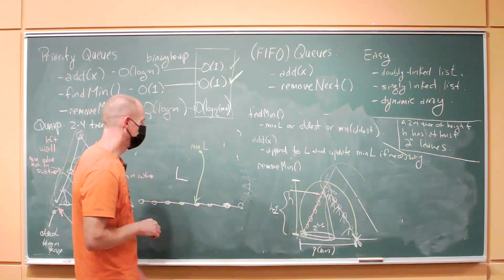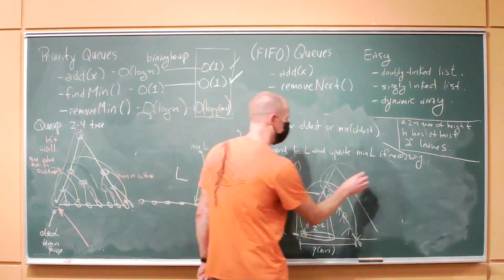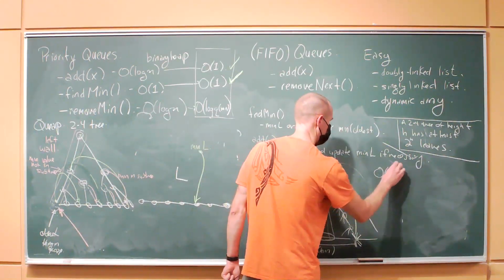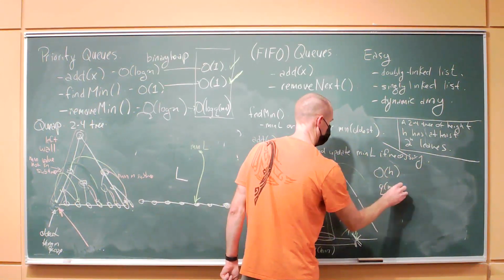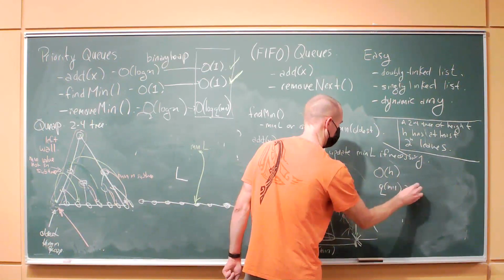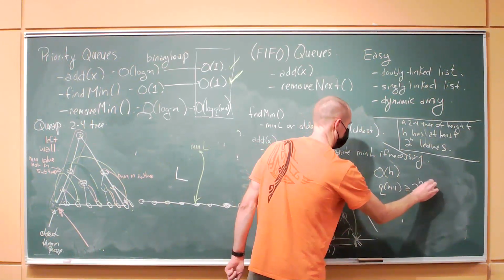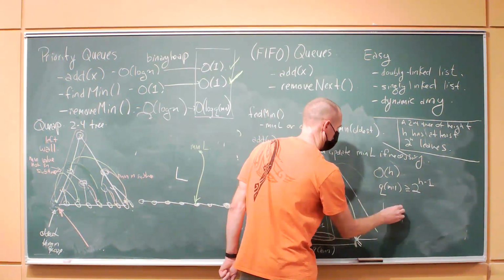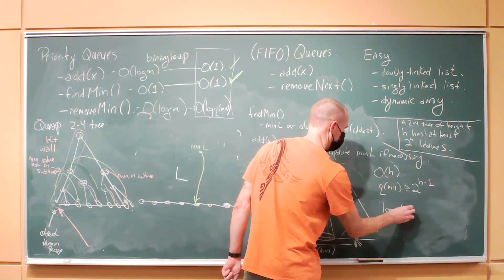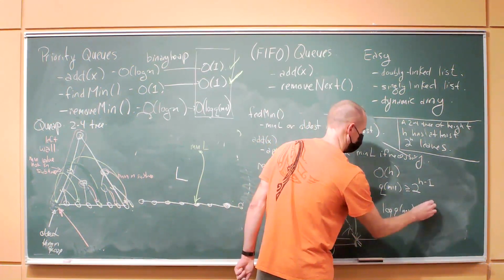So the remove min time runs in O of h time, and the Q number of the min is bigger than or equal to 2 to the h minus 1, which means that the log of the Q number of the min is bigger than or equal to h minus 1.